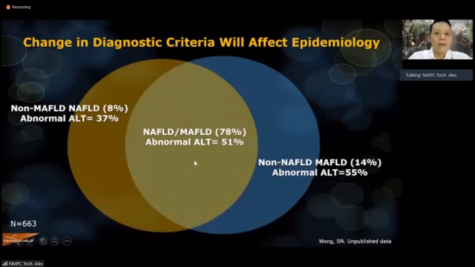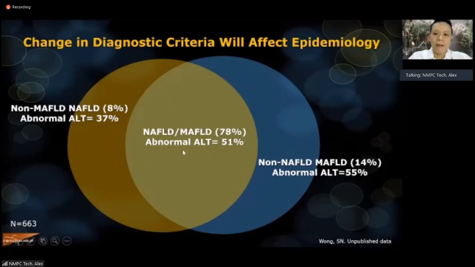You can see here that patients who meet both NAFLD and MAFLD comprise about 78%, and those patients who meet MAFLD criteria but not NAFLD criteria, meaning these are patients usually with concomitant hepatitis B, and that is why they're out of the NAFLD criteria, are about 14%. And about 8% will not meet MAFLD criteria, meaning there's no metabolic dysregulation or overweightedness, but they have fatty liver disease.